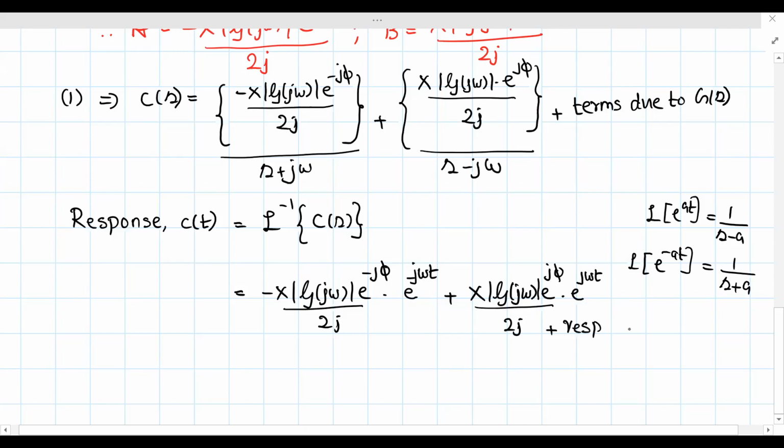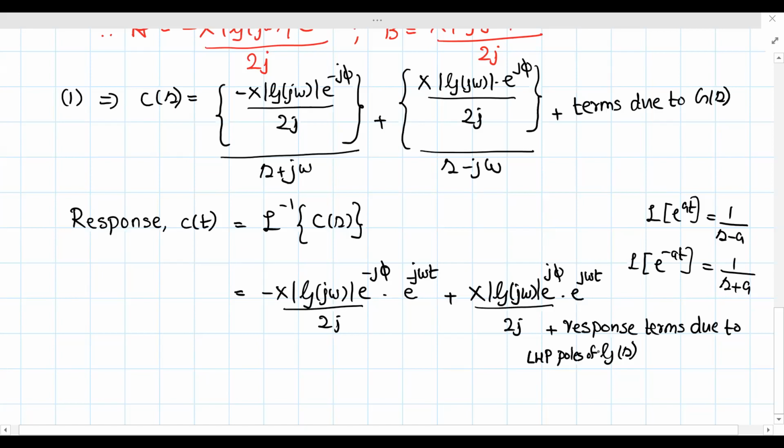Okay, response terms due to G(s), so response terms will be governed by the poles, due to the left half plane poles of G(s), to be more specific.